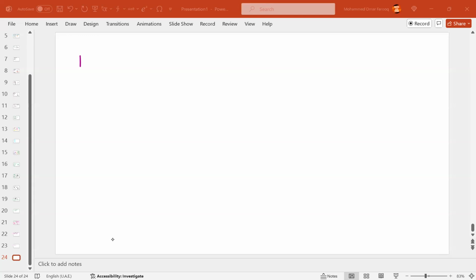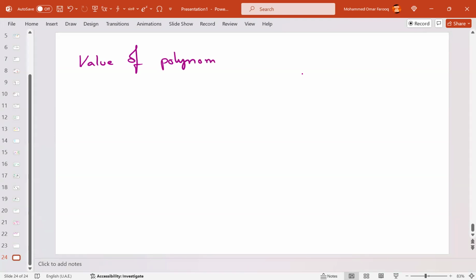Now, how to find the value of the polynomial? For example, you can take anything. P of x is equal to 2x cube minus 5x square plus 7x minus 2.